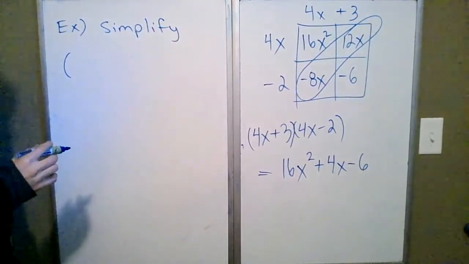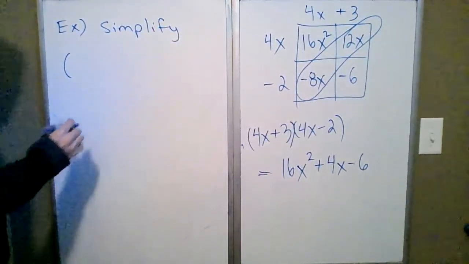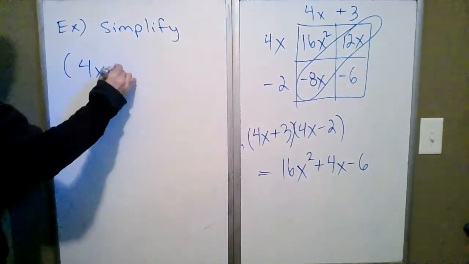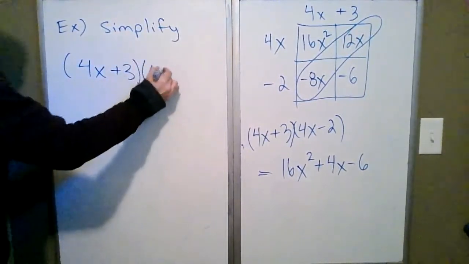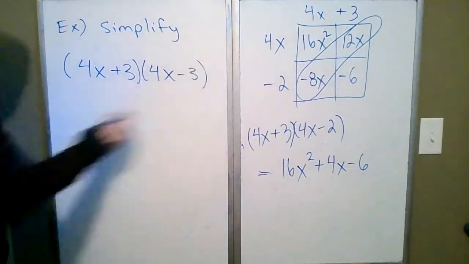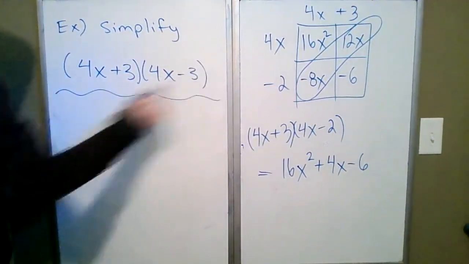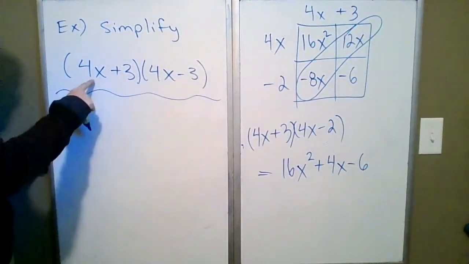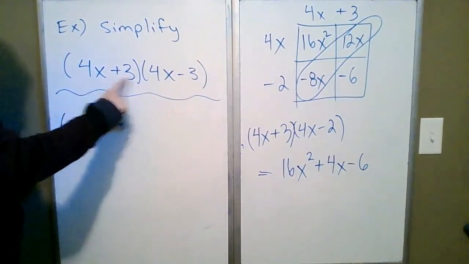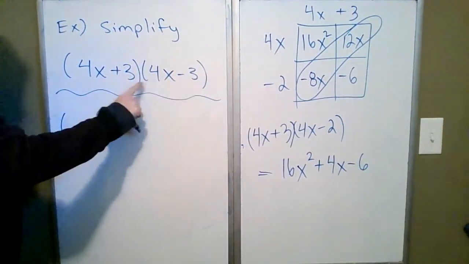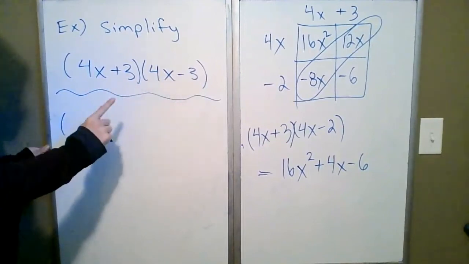We'll go with 4x plus 3 times 4x minus 3. There's a plus sign and a minus sign: 4x plus 3, 4x minus 3. This is the difference of squares.